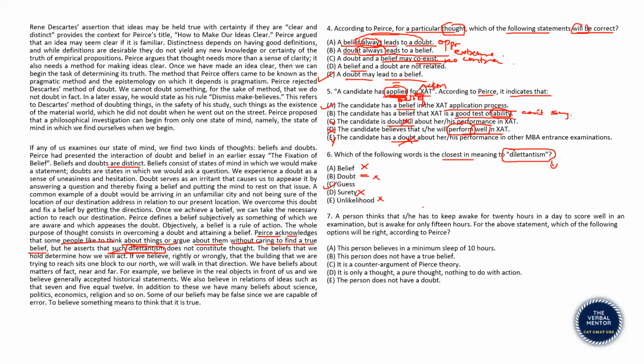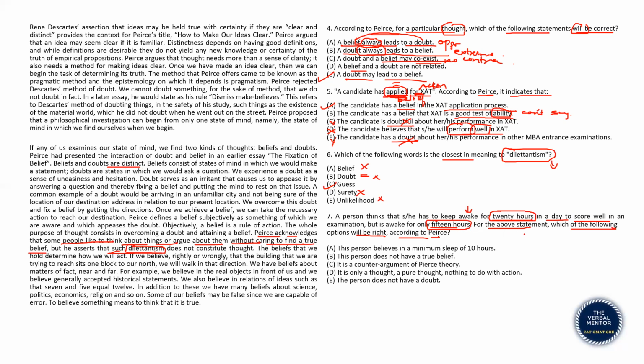Okay. A person thinks that he has to keep awake for 20 hours in a day to score well in an examination, but is awake only for 15 hours. For the above statement, which of the following options will be right according to P? Okay. If the action is not happening, if he is not awake for 20 hours, it simply means that his belief is weak.